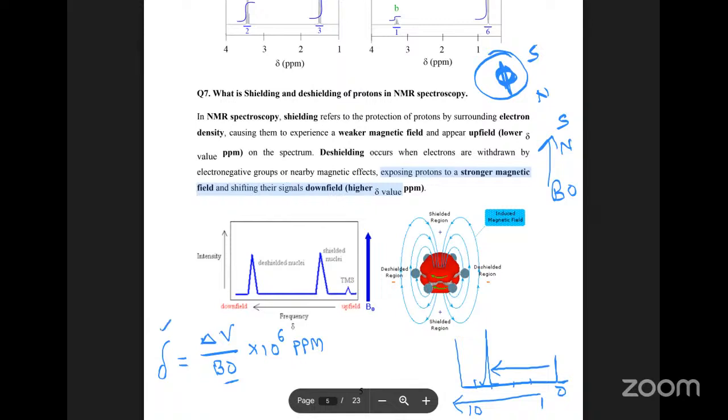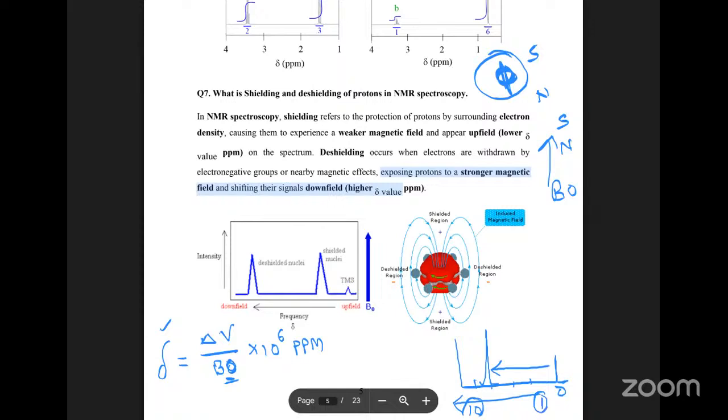If the denominator is less, that means the applied magnetic field is less, and the del value will be more. Suppose for a del value of 10, the required magnetic field will be less, that means this denominator will be less. If for 1, I want to go towards 0, the magnetic field required will be more.